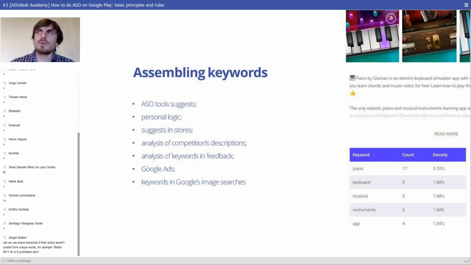For example, maybe one year ago, I saw that one ASO manager shared that he likes to type a keyword in Google search, then click on images, and then on the top you see a suggest from Google images search. So he was using this suggest, and sometimes you really might find nice ideas of keywords to target for your app as well.